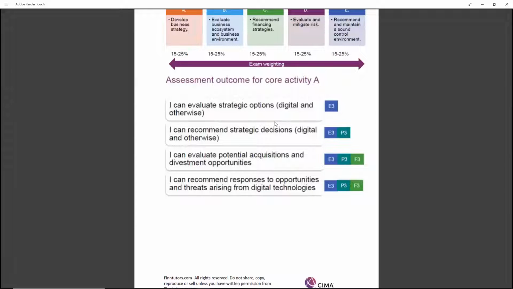If you look at the second one, it says I can recommend strategic decisions. So strategic decisions, let's go back to our E3 syllabus, the SAF model. Whenever you make a strategic decision, it's the suitability that you check, feasibility that you check, and acceptability that you check.